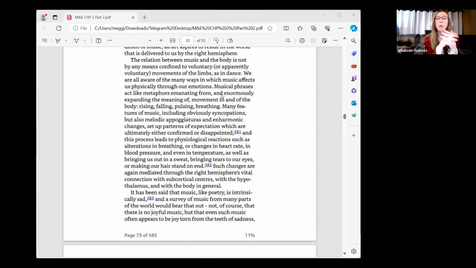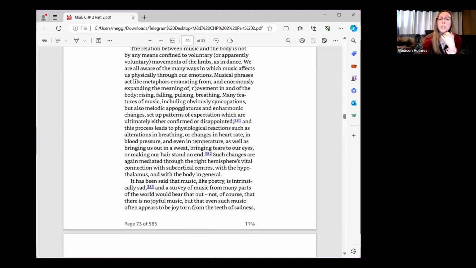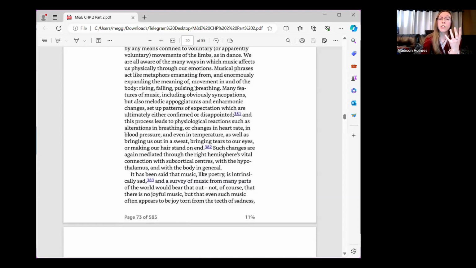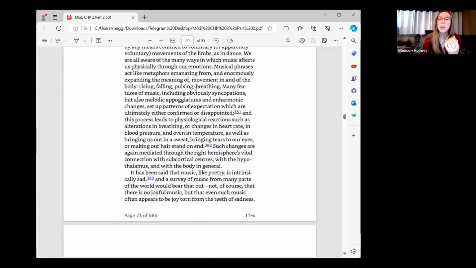The relation between music and the body is not by any means confined to voluntary or apparently voluntary movement of the limbs, as in dance. We are all aware of the many ways in which music affects us physically through our emotions. Musical phrases act like metaphors, emanating from and enormously expanding the meaning of movement in and of the body, rising, falling, pulsing, breathing.